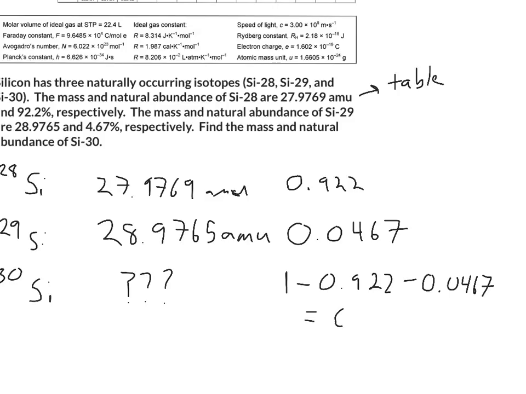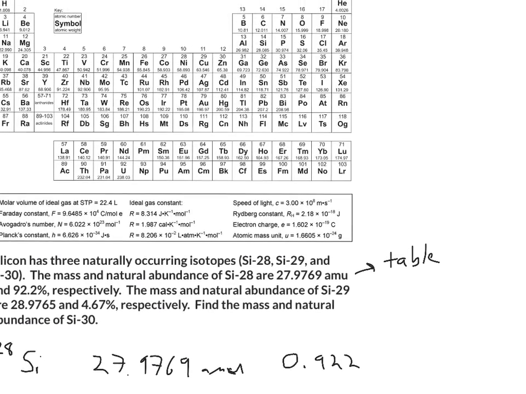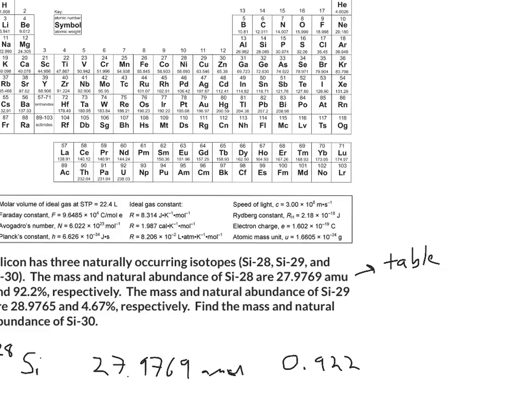And I get that value to be 0.0313. That is the abundance of silicon 30. So what you would expect for the average atomic mass, it's most of the silicon in the universe is silicon 28, 92.2%. The average atomic mass, you expect it to be close to 28. When you look at it, it is 28.085.